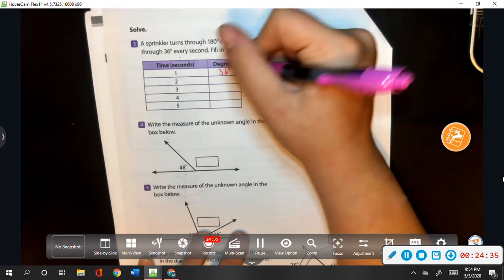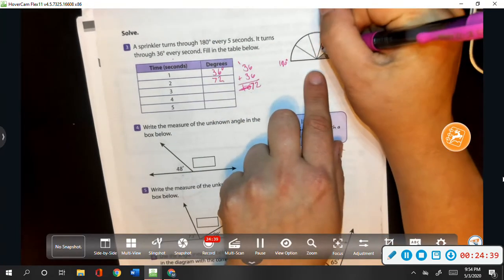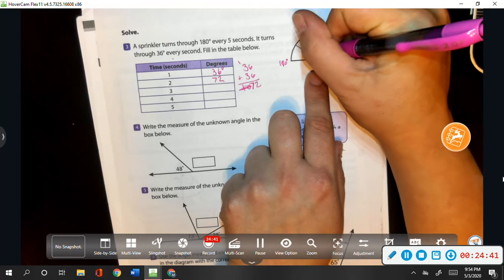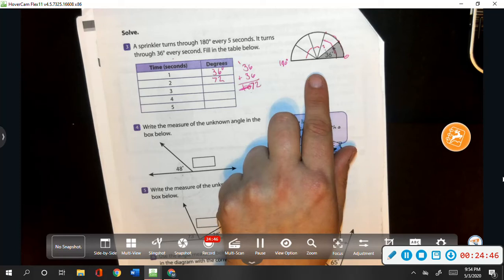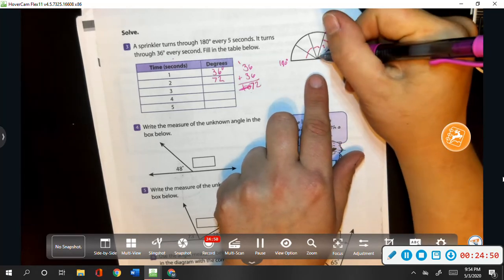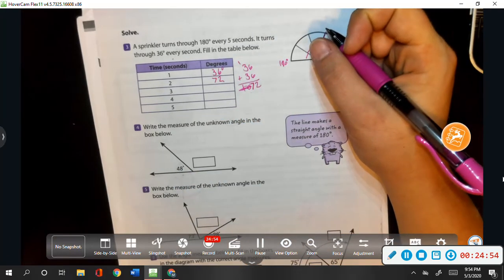Now, the reason I can't use subtraction is because I have multiple angles I'm going to have to find. And you can't always assume, oh, those angles look similar, so they must be the same. Because they're not going to be. This angle is going to be different, then this angle is 36 degrees more than that.